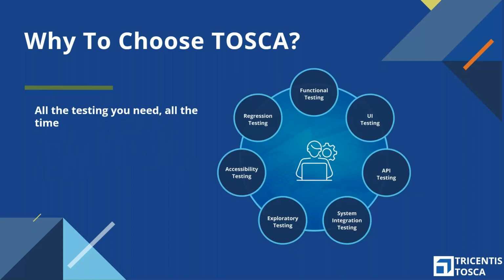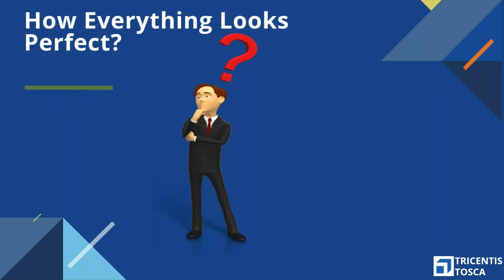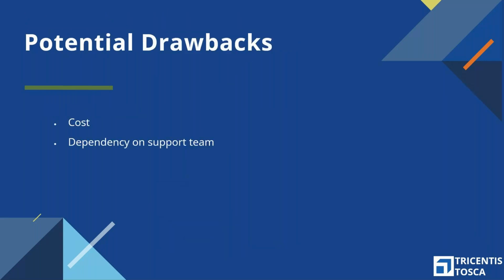And obviously, these are the kinds of testing we can do using Tosca: API testing, system integration testing, exploratory, accessibility, regression testing, and functionality testing as well. So this is the reason why Tosca is better if we compare it with Selenium.